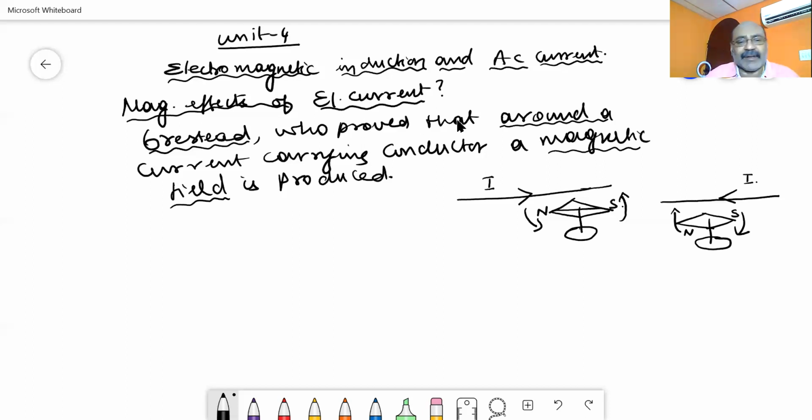Another experiment was done by another scientist called Ampere.